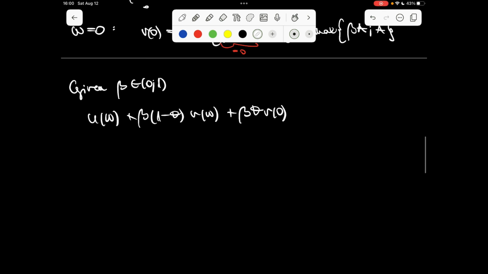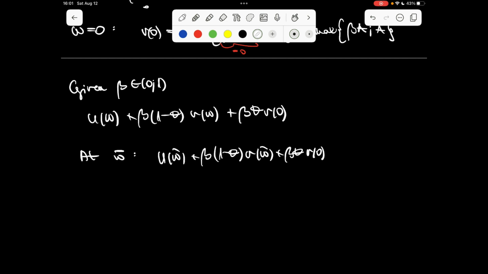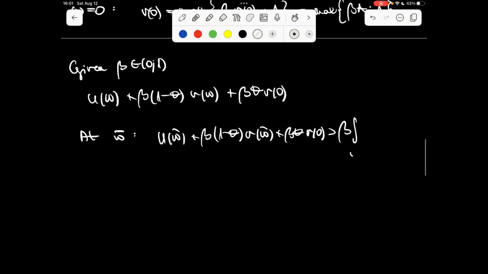At the same time, at the maximum wage, the acceptance line has higher value than the search line.